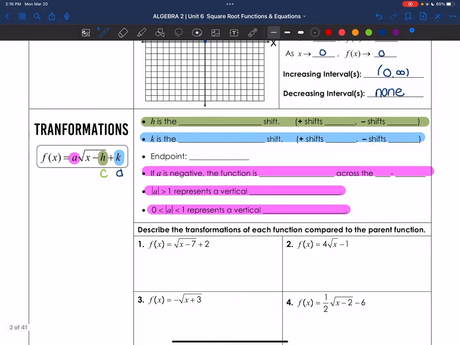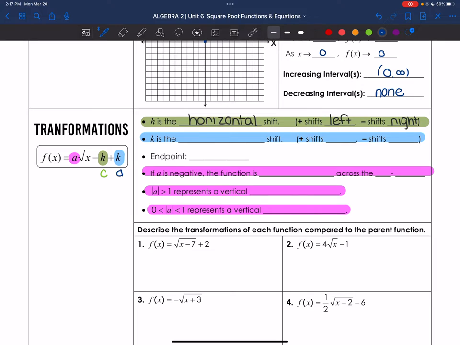Notice that where that h is located, it is inside the radical, and it's this amount that's going to be added or subtracted to the x. That's going to cause a horizontal shift. If what you're doing is adding some value to your x, then it's going to shift left that amount. But if instead you're subtracting, it's going to shift to the right.